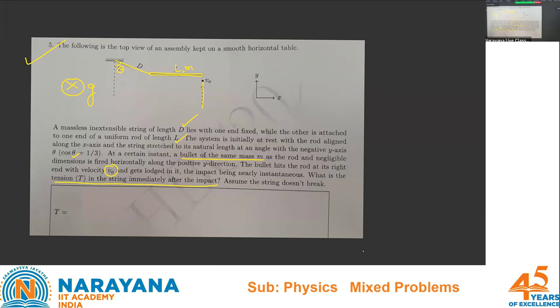This much information is given. The question categorically says that the bullet hits the rod at its right end with a velocity v0 and gets lodged in it, the impact being nearly instantaneous. What is the tension in the string immediately after the impact? And assume that the string does not break.